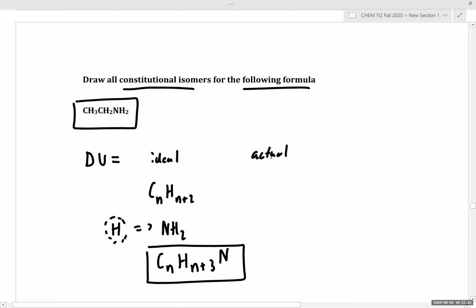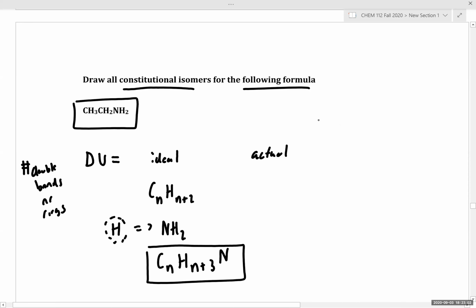So to calculate DU, you take the number of carbons, and you may ask, what's the purpose of DU? DU allows you to calculate the number of double bonds or rings.